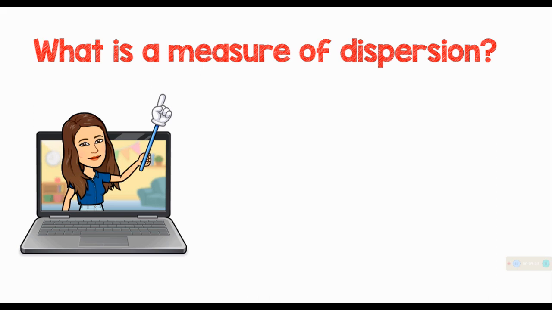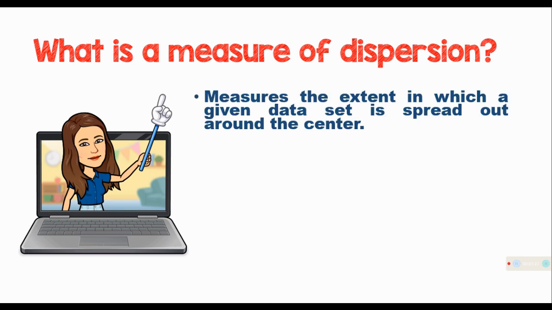First, let's answer the question, what is a measure of dispersion? It measures the extent to which a given dataset is spread out around the center. If you still remember the methods of finding the center, those are through the mean, median, and mode.